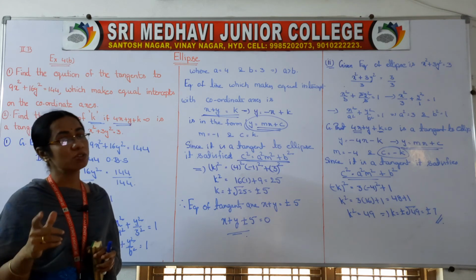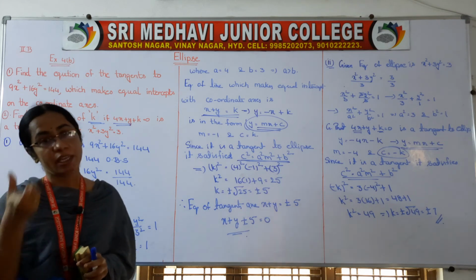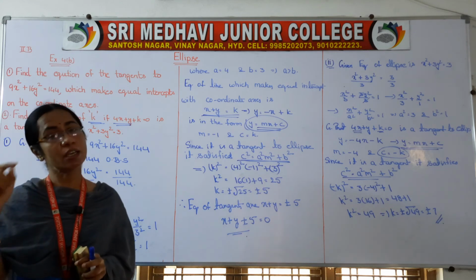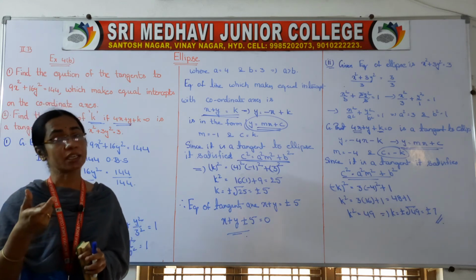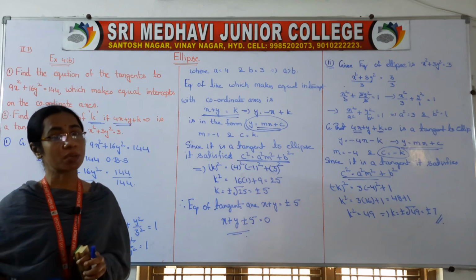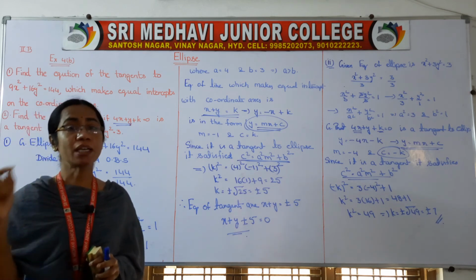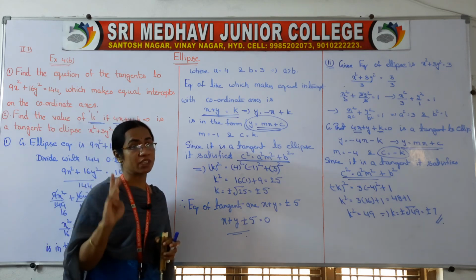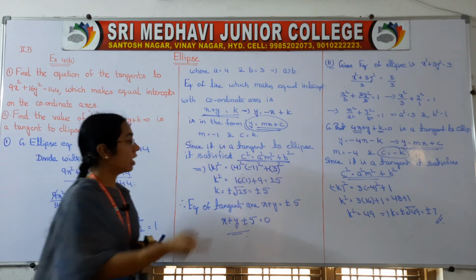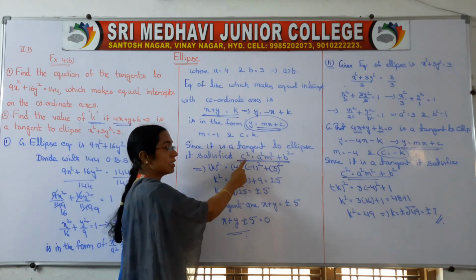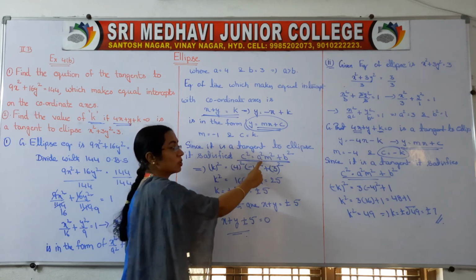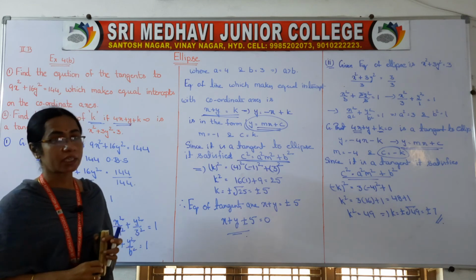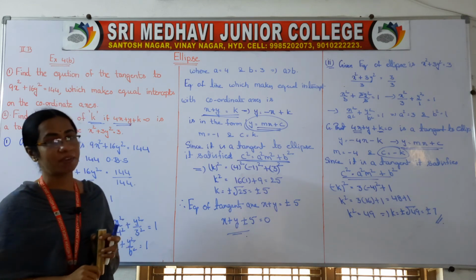Reduce the ellipse equation into standard form, you will get a and b. Reducing the line equation in the form of y is equal to mx plus c, you will get your m and c. Once we got those 4 values a, b, m, c, we will apply the condition. What is that condition? C square is equal to a square m square plus b square. Apply. Then you will get your k value.